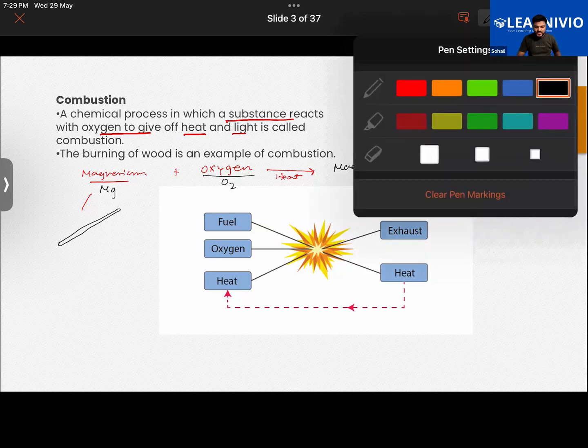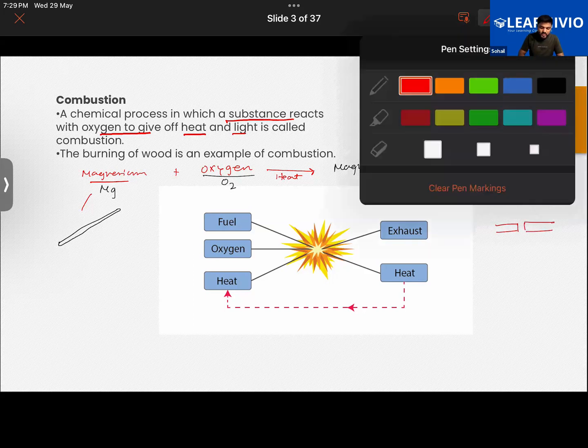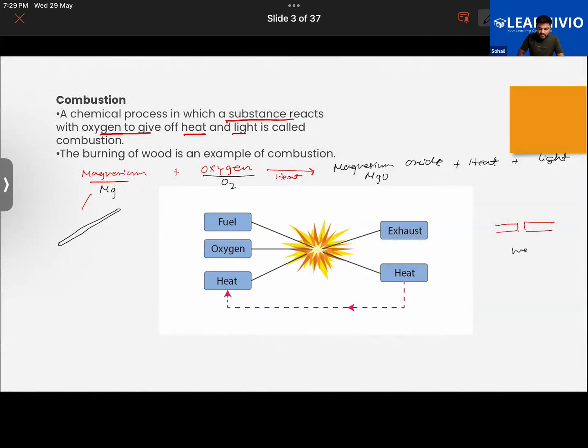No, it's not like that. Say, for example, there are two metal objects like this, and you want to weld them, meaning join them.